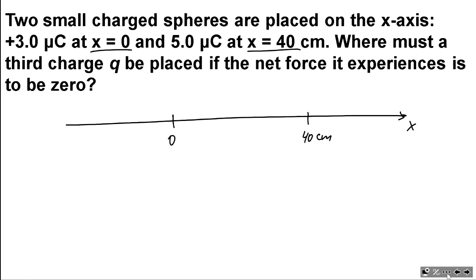At the first location, we have charge number 1, which is equal to 3 microcoulombs, and at the second location, we have charge number 2, which is equal to 5 microcoulombs. We know that the magnitude of the third charge, which we have to place, doesn't matter if the location where we place it is such that there is no force acting on it. So the question is, where should we place it?